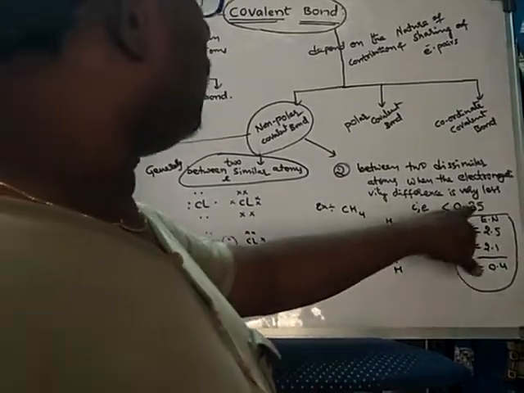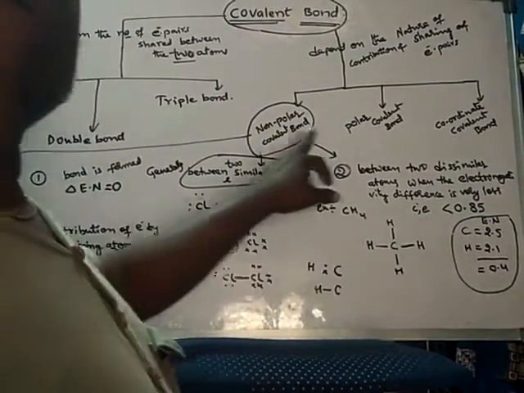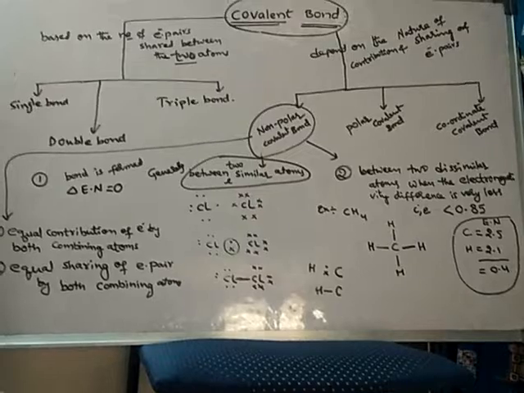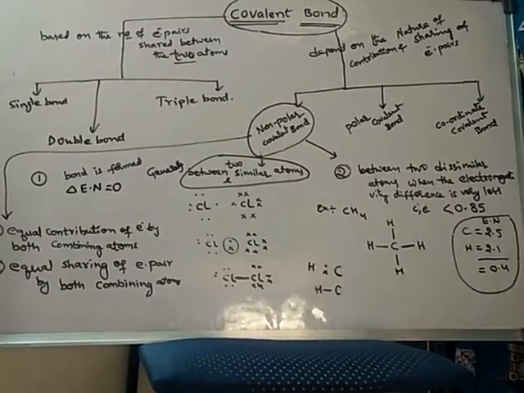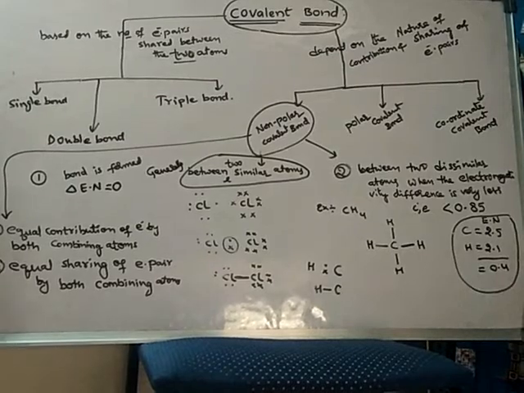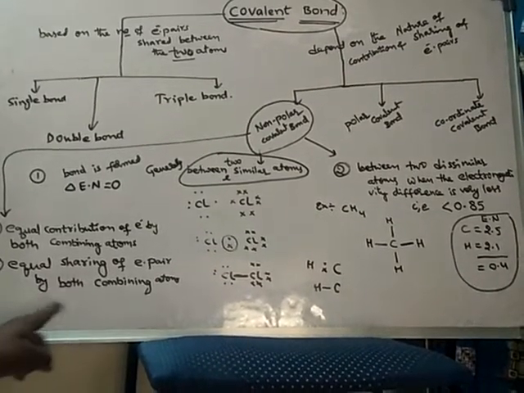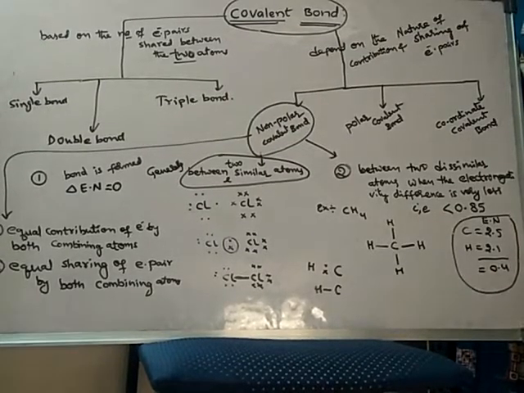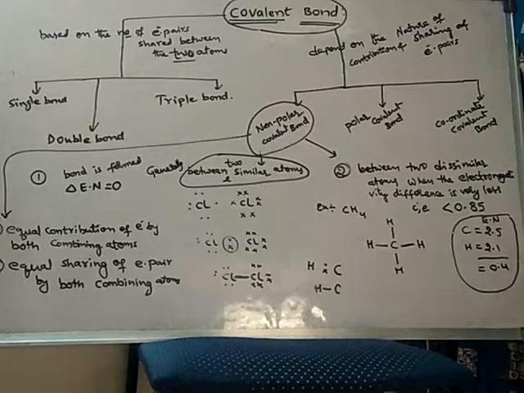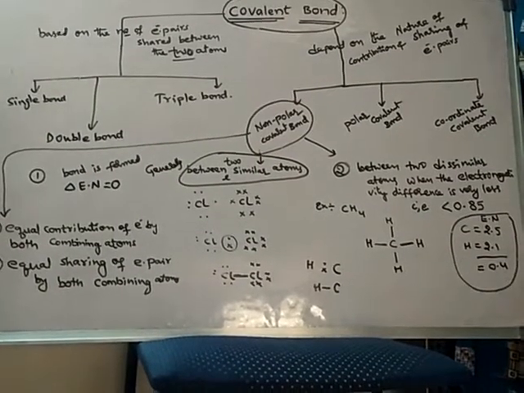It should be less than 0.85. Only under these conditions, a non-polar covalent bond is formed. During formation of a non-polar covalent bond, equal contribution of the electron pair takes place, and equal sharing of the electron pair by both combining atoms should take place. So like this, non-polar covalent bond can be studied.